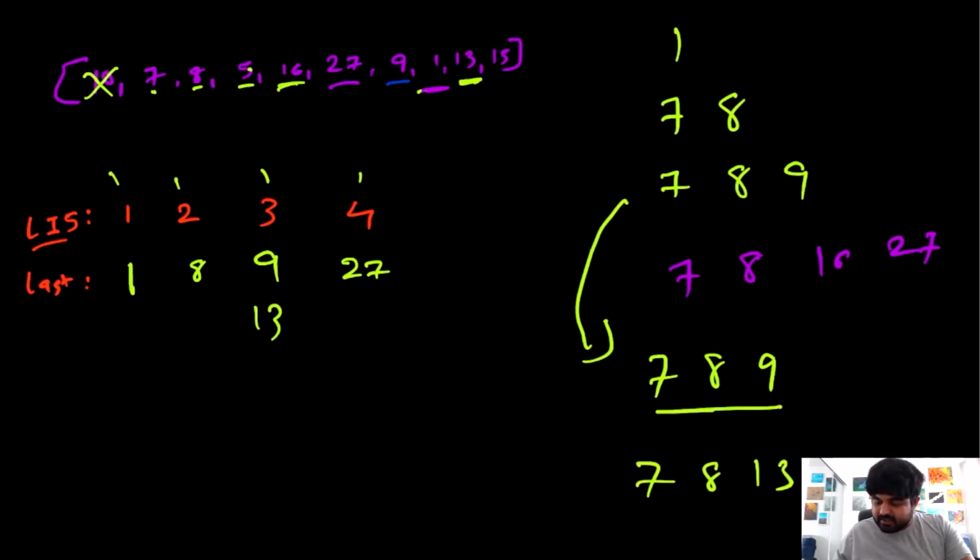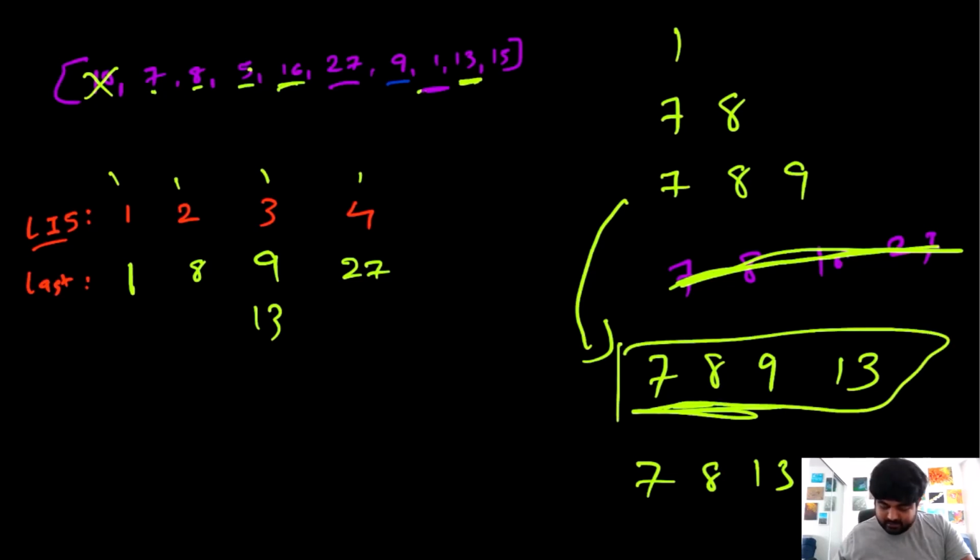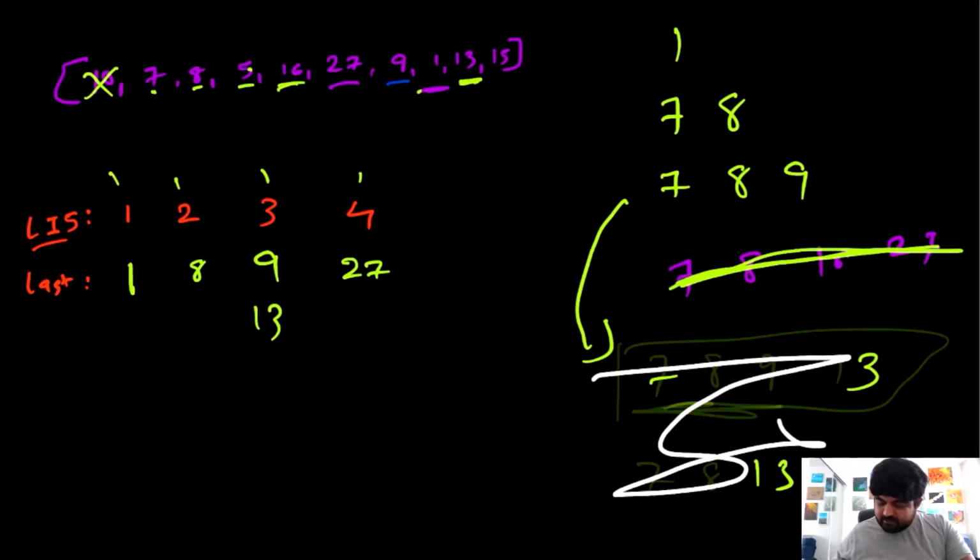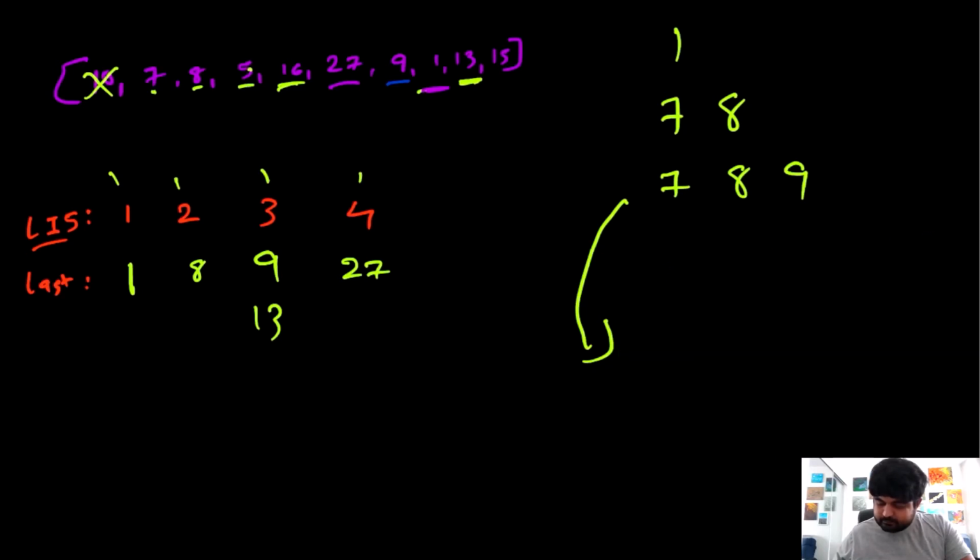Notice that 7, 8, 9 is already existing and 13 can be appended next to it. So what we can do is replace the subsequence with 4 entries with 7, 8, 9 and 13.